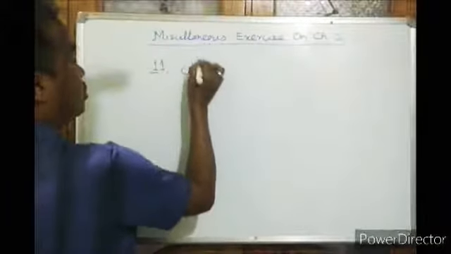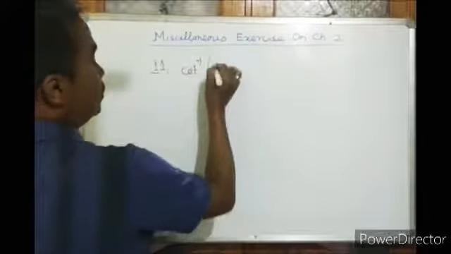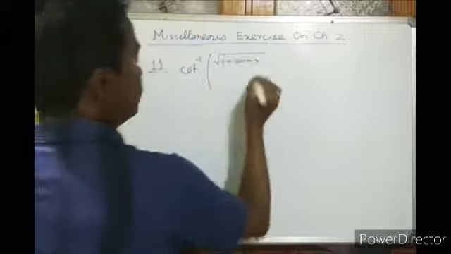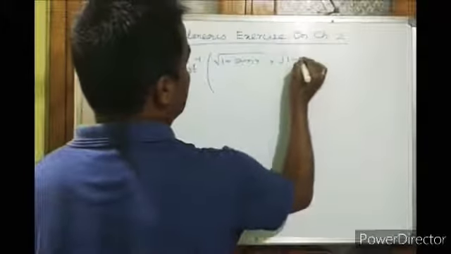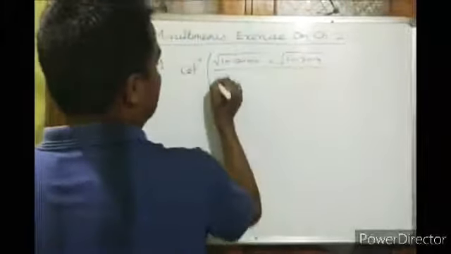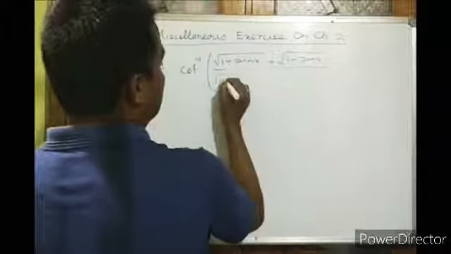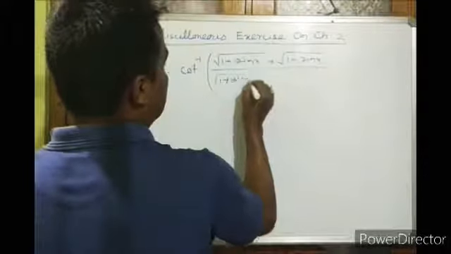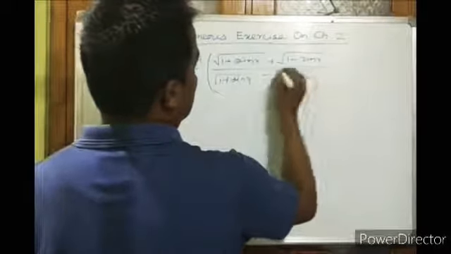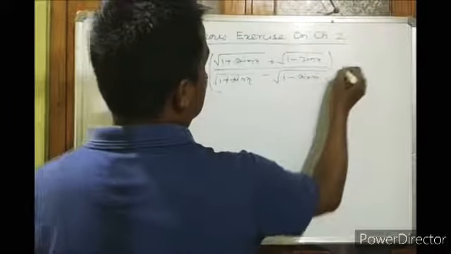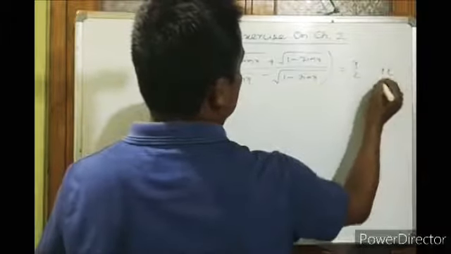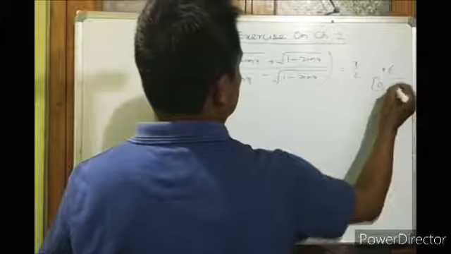Cot inverse of (root over 1 plus sin x plus root over 1 minus sin x) divided by (root over 1 plus sin x minus root over 1 minus sin x) is equal to x by 2, where x belongs to the closed interval 0 to pi by 4.